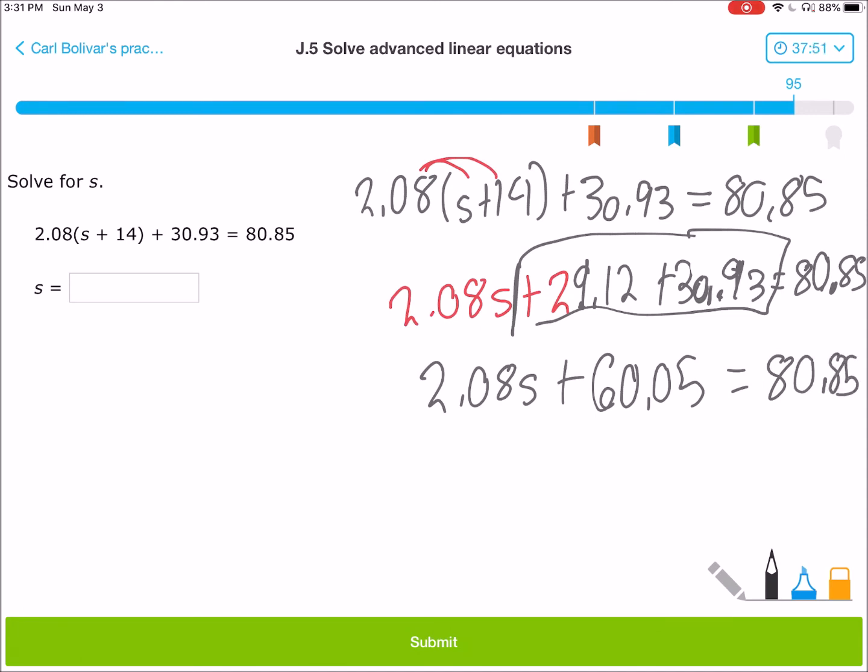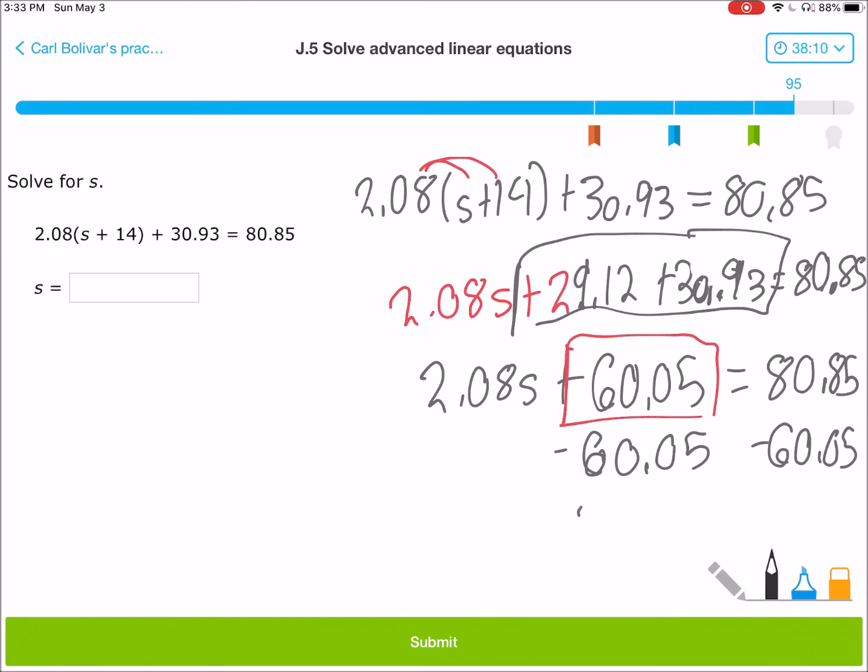Now this is just harder because there's a ton of decimals, but we'll still get through it. I'm going to eliminate that, so I will subtract 60.05 from each side.